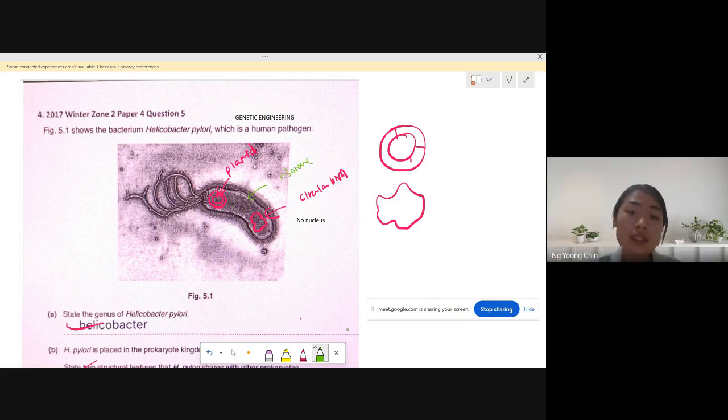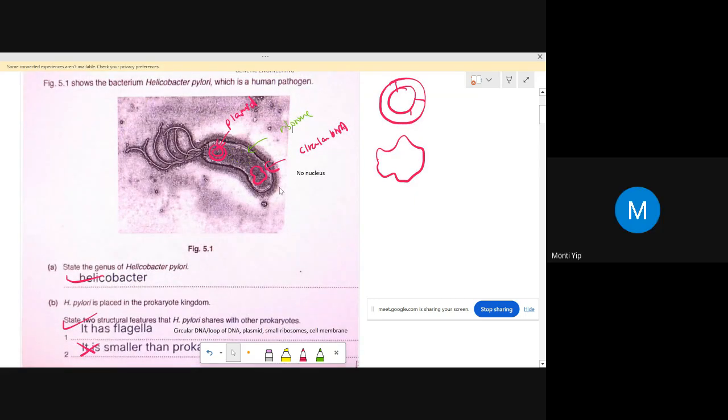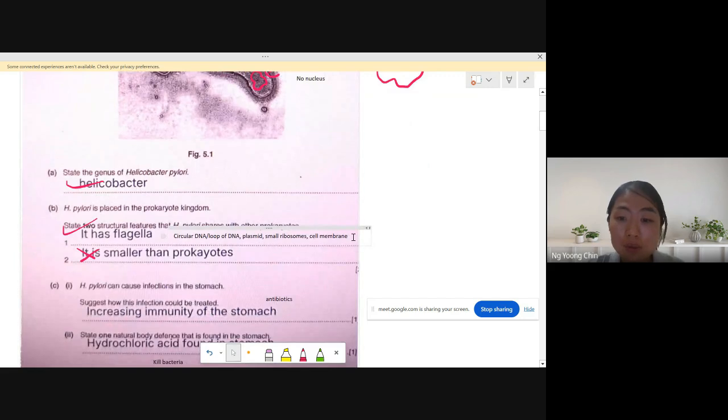So you need to write the structures found in the bacteria. They have the cell membrane, ribosome, and also the cell wall, which is made of peptidoglycan.